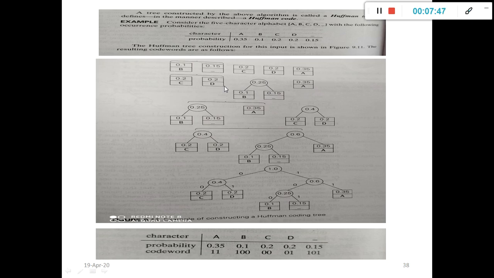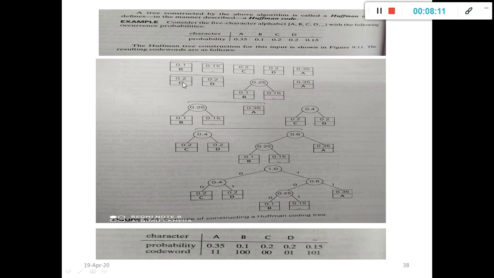Every time after generating a new subtree, reorder them according to the ascending order of probability values. Next, choose the 2 characters or trees with the minimum probability or the smallest probability value. Now from this line, C and D have the smallest probability.